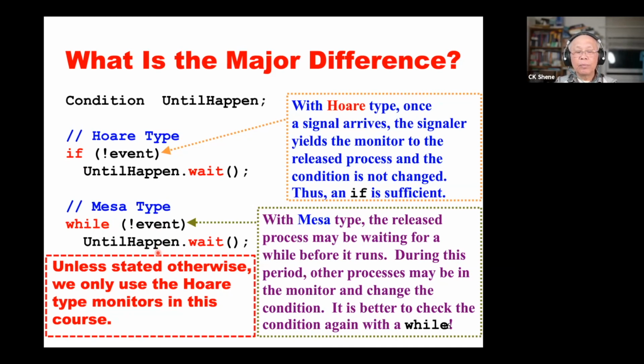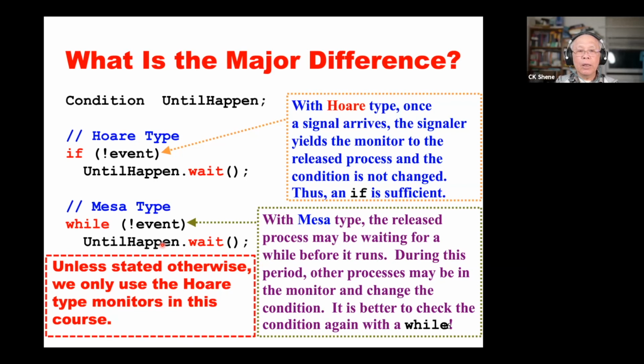If your answer to this question is no, we are not sure, you are right. Remember, under a Mesa type, when a signal happens, the signaling process continues. The released process will be taken out of the waiting list and pushed outside of the monitor to wait somewhere, the re-entry queue. Many systems do not distinguish whether a process outside of the monitor is in the entering state or in the re-entry stage, but that is not so essential here.